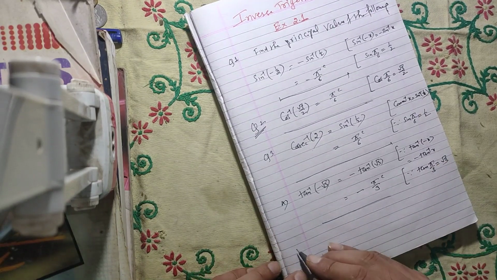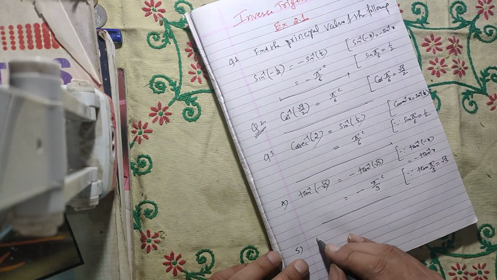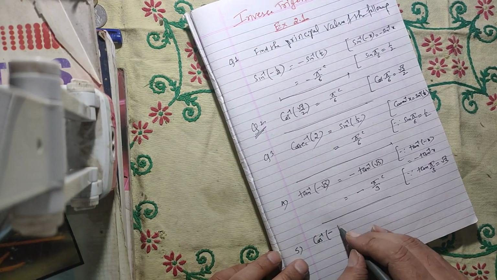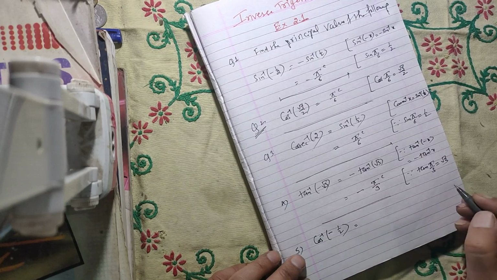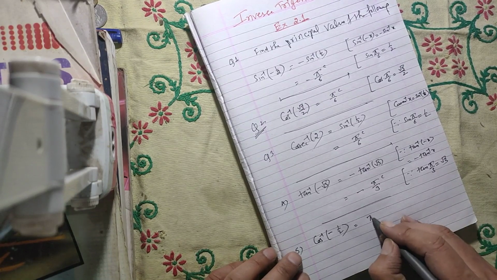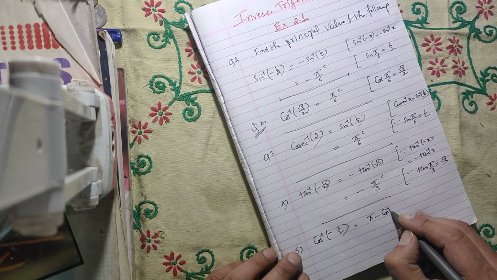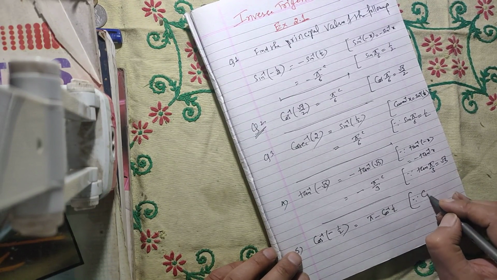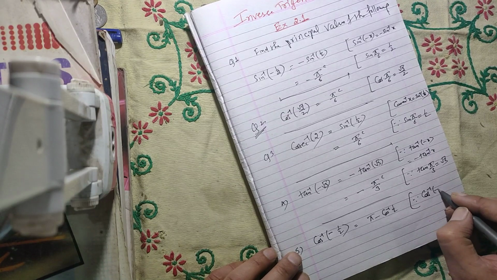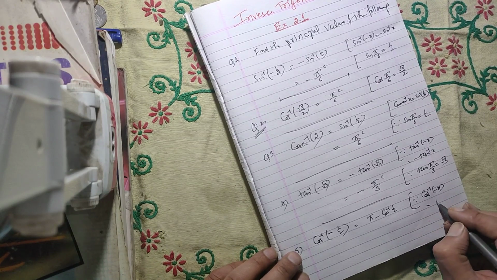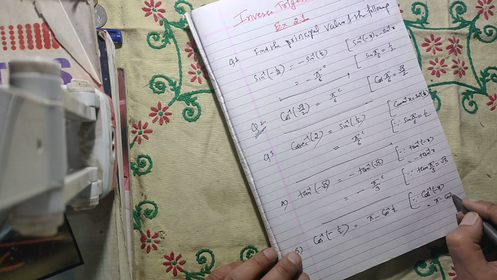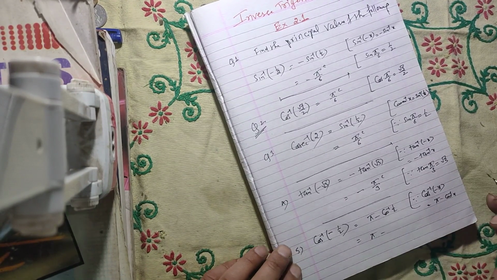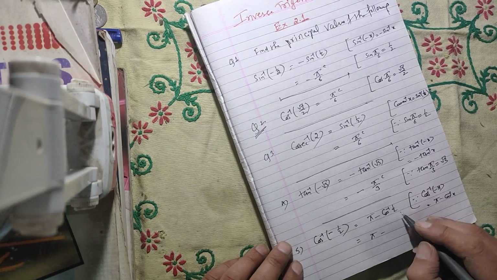Now in the fifth question we have cosine inverse of minus 1 by 2. It is equal to pi minus cosine inverse of 1 by 2 because cosine inverse of minus x is equal to pi minus cosine inverse x. Now we have to think the angle whose cosine is 1 by 2.